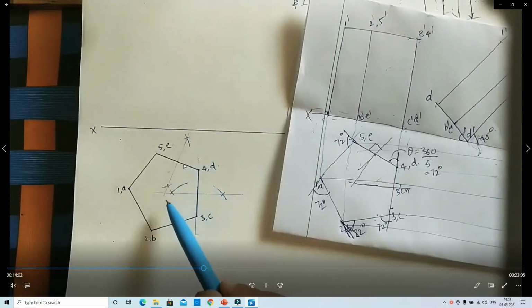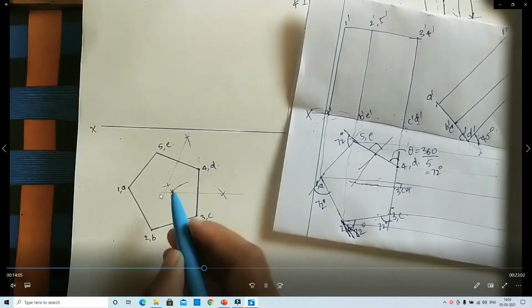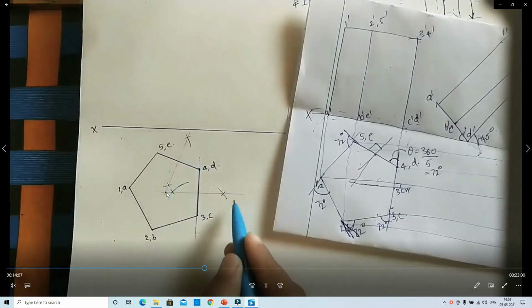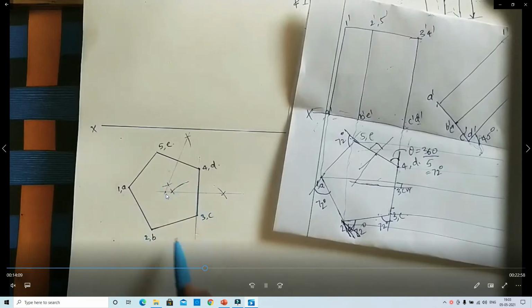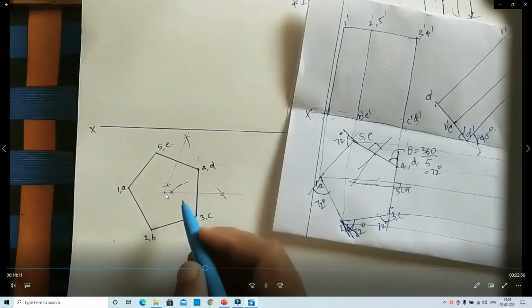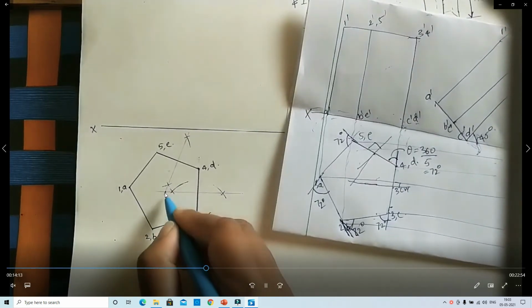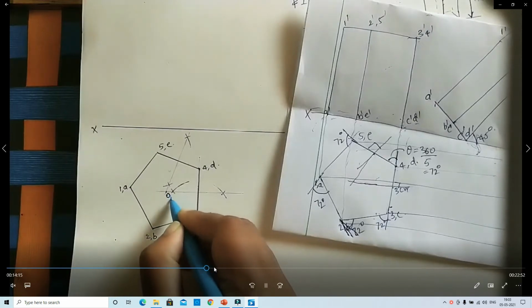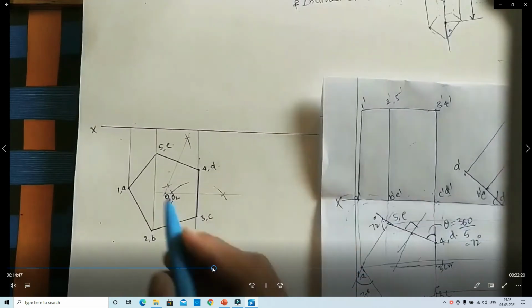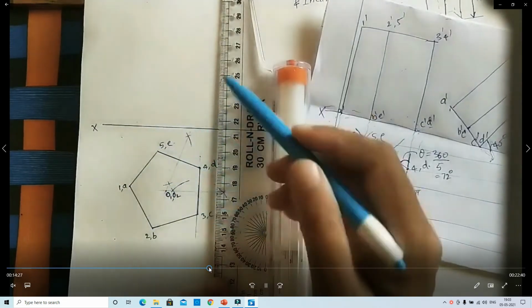This side midpoint and this side midpoint meet at one point. This point is called the axis point. From this axis point you draw one vertical line, the reference line.